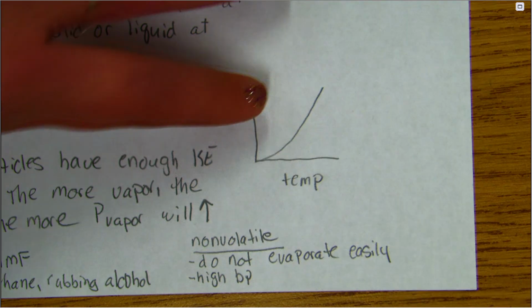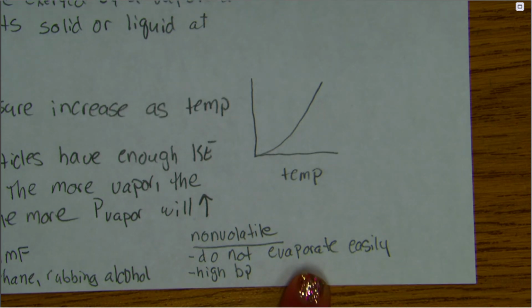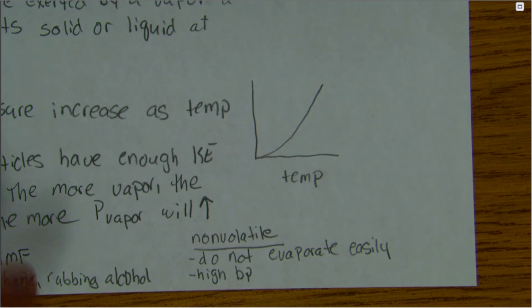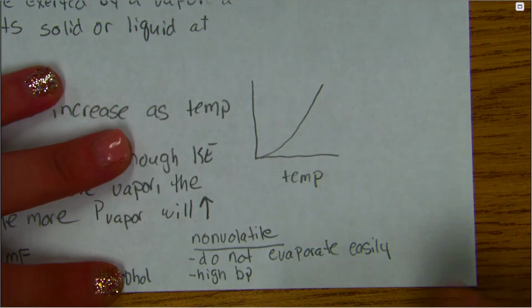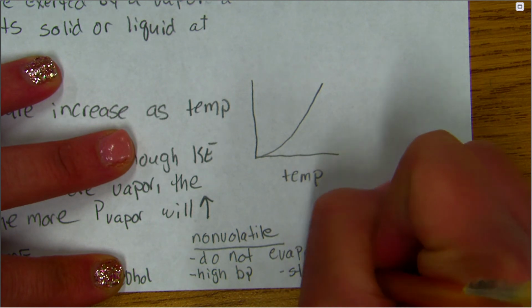BP for boiling point. And now that makes sense. If they have a high boiling point, then that means they have a lot of energy needed to break intermolecular forces. Therefore, they're not going to evaporate easily. So that would also stand to reason that they have strong intermolecular forces.